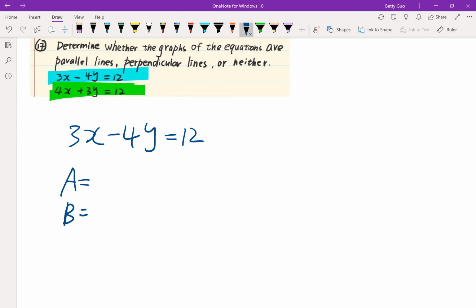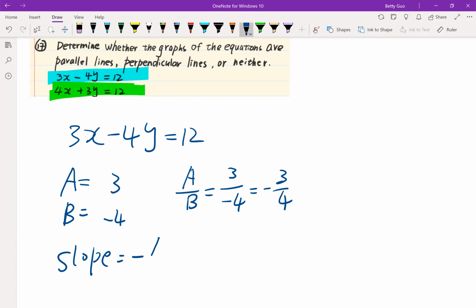What's A over B? 3 in the numerator, -4 in the denominator. So A over B is -3/4, yes? And slope is the opposite of A over B. What's the opposite of -3/4? +3/4. Very good. That's the slope of the blue.